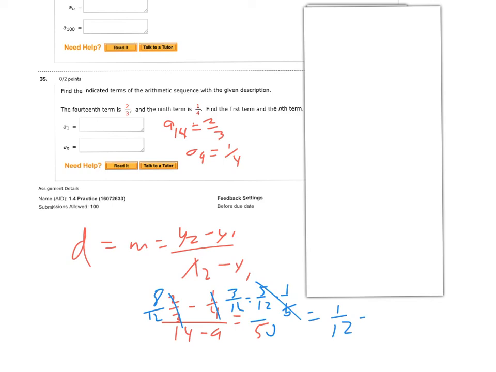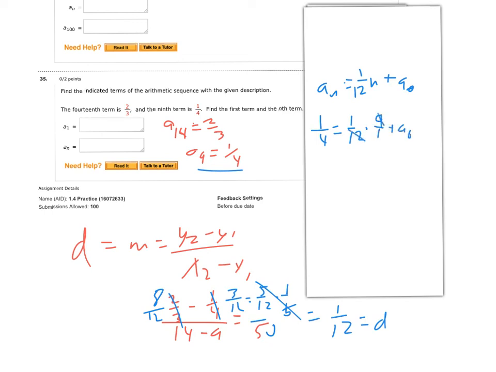So I know then that's my common difference. I know a sub n equals the common difference times n plus a sub 0. So I'm going to plug in either one of these points. Is one of them going to be easier? Not really. I'll go ahead and use this one. So 1/4 equals 1 over 12 times 9 over 1 plus a sub 0.